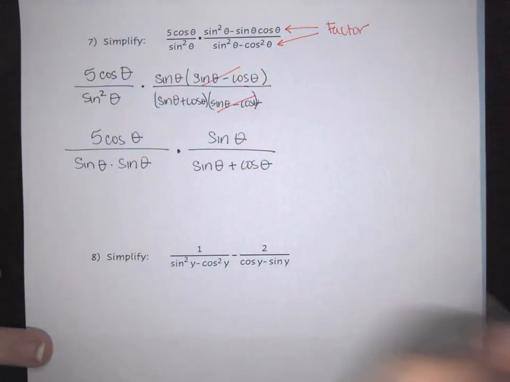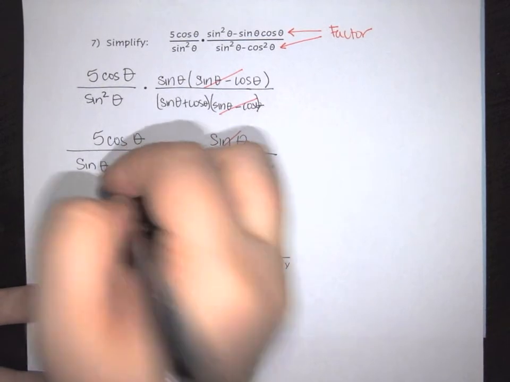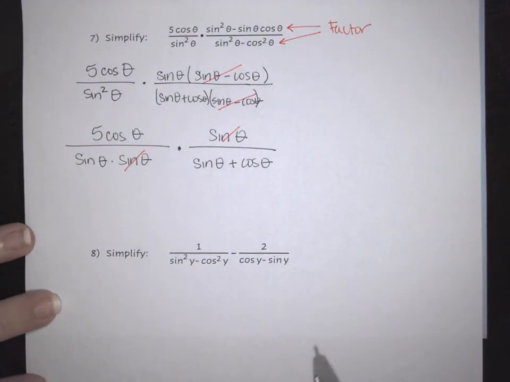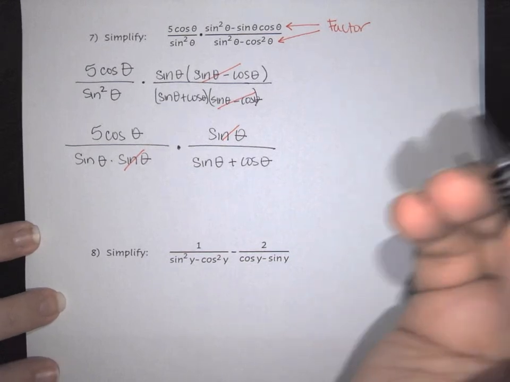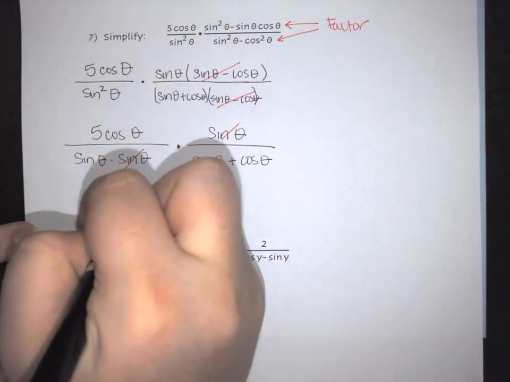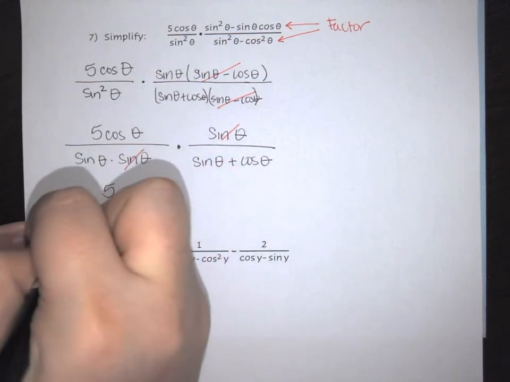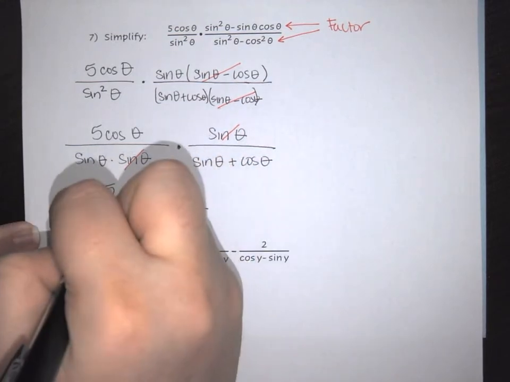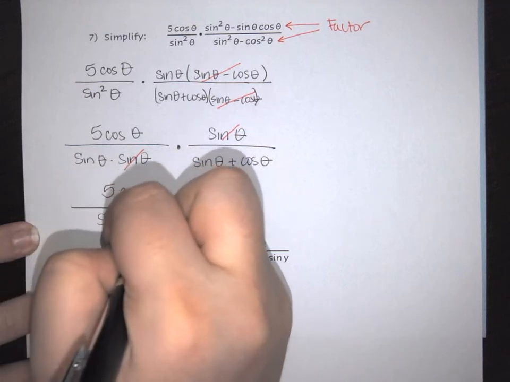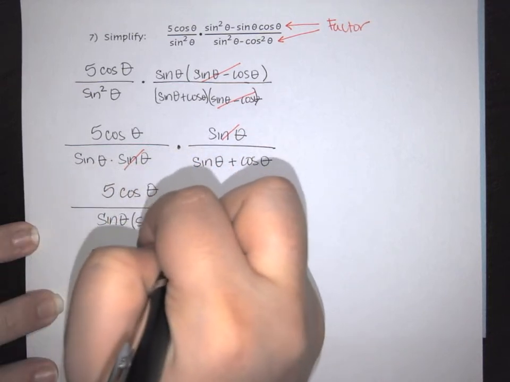In looking again, I have a sine on top and a sine on bottom that can cancel. And so here this is going to leave me with 5 cosine of theta all over my sine of theta times sine of theta plus cosine.